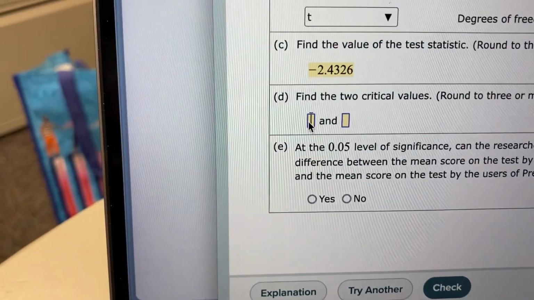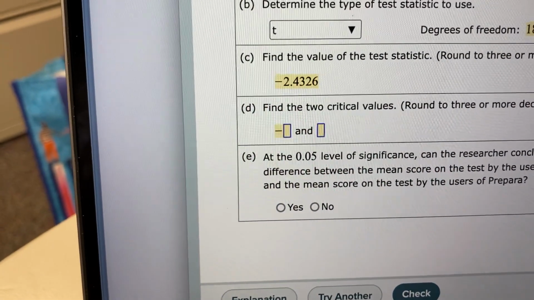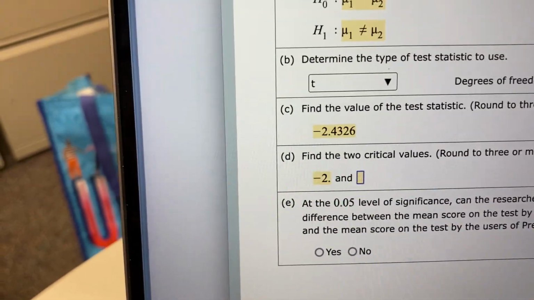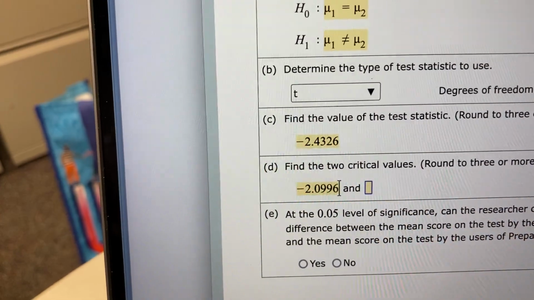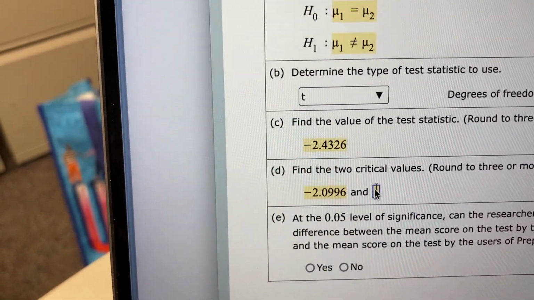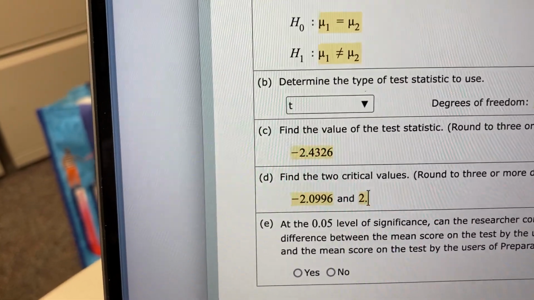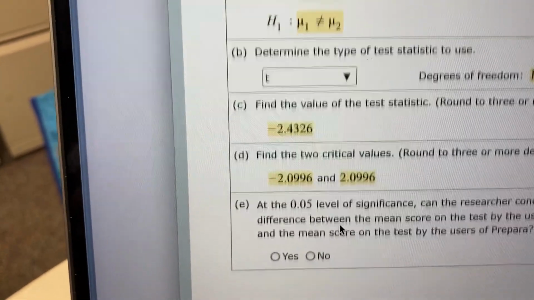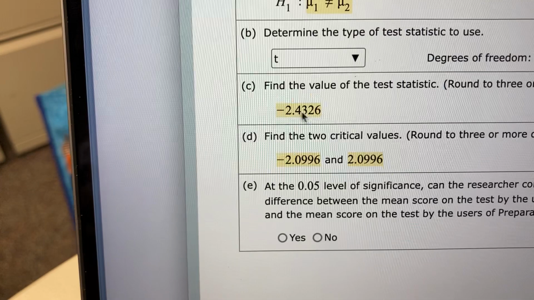And because it's a two-tailed test, what we do is we just put that as a negative. So we have a negative 2.0996 and then a positive 2.0996. And so we're in the rejection region.